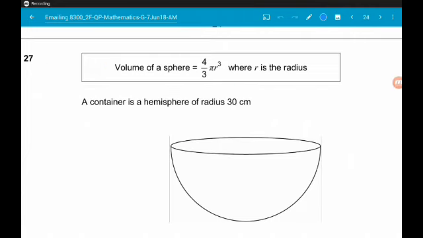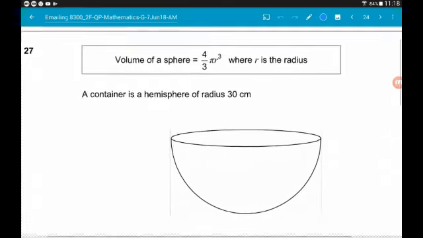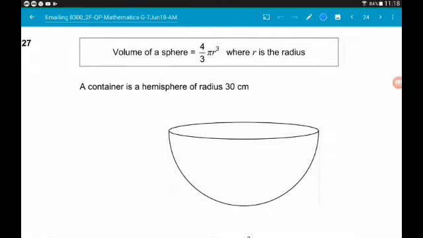Question 27, so we're given the volume of a sphere is 4/3 pi r cubed, where r is the radius. We've got a container, which is a hemisphere of radius 30 centimetres. Now a hemisphere is exactly half of a sphere.